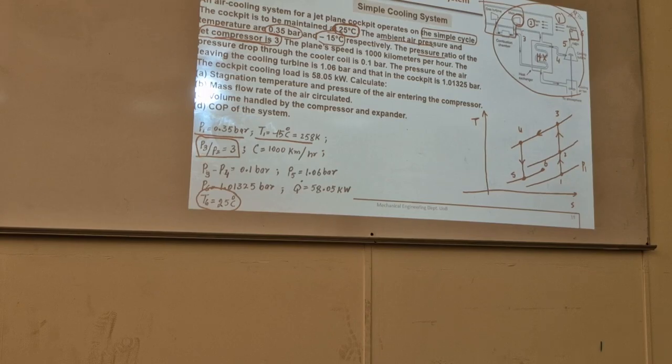3. The plane's speed is 1000 kilometers per hour. So which point? The plane is moving at 1000 kilometers per hour and air is entering like this. So where is this velocity?